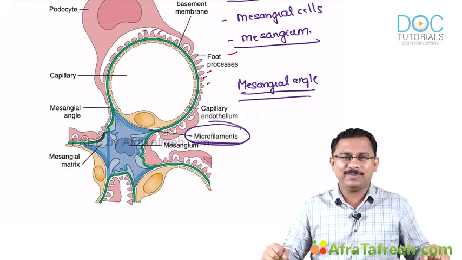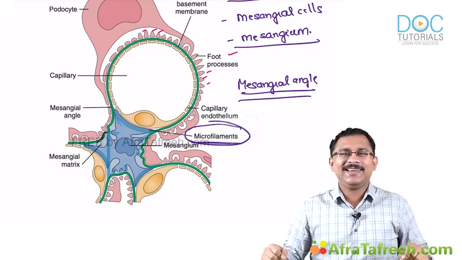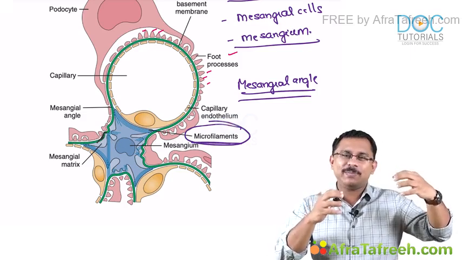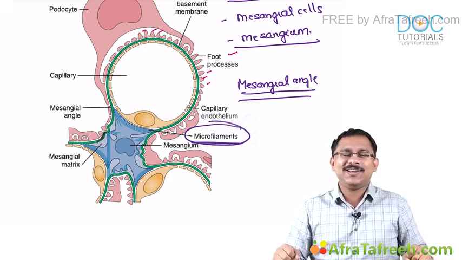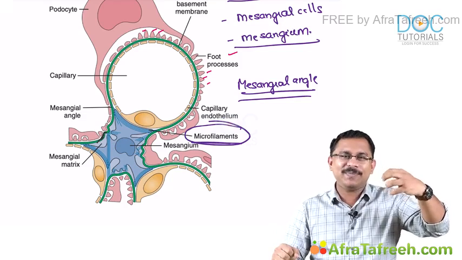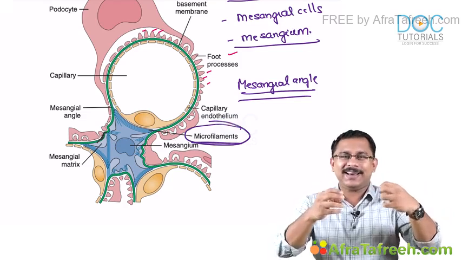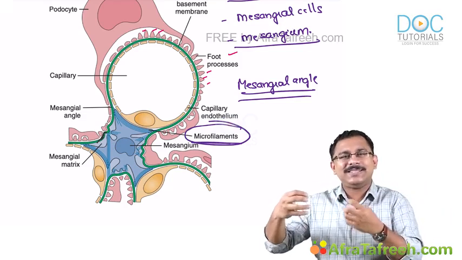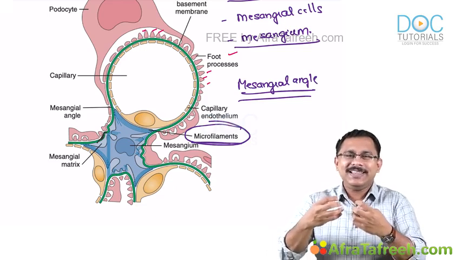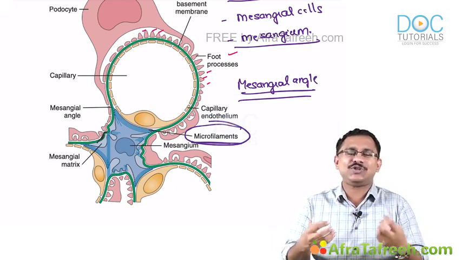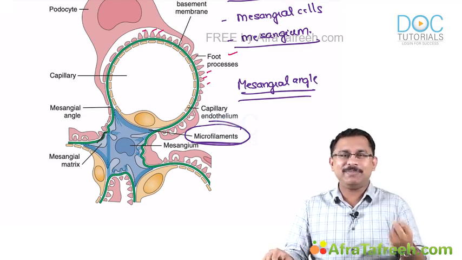Which is why, when the glomerular basement membrane is contracting, it can involve the mesangium also, because the mesangium is closely attached to the glomerular basement membrane.